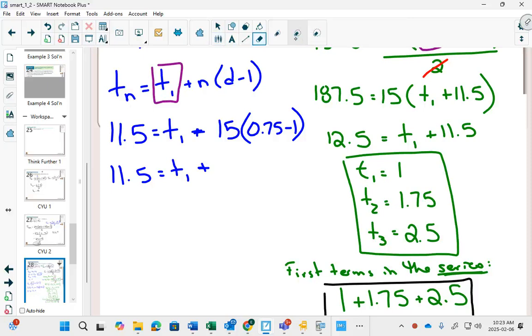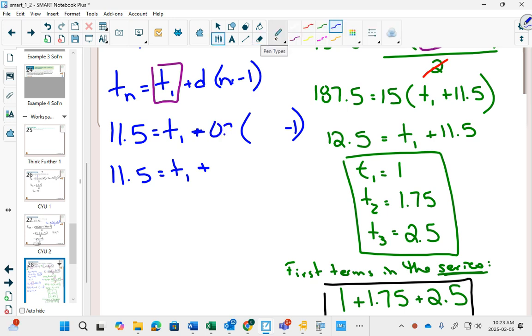Whoops, I wrote this formula wrong, sorry guys. Mixed up my d and my n. I'll change things just a little bit. So go to our calculator, and 14 times 0.75 is 10.5. Subtract the 10.5 on the other side, and you get 1 as well.